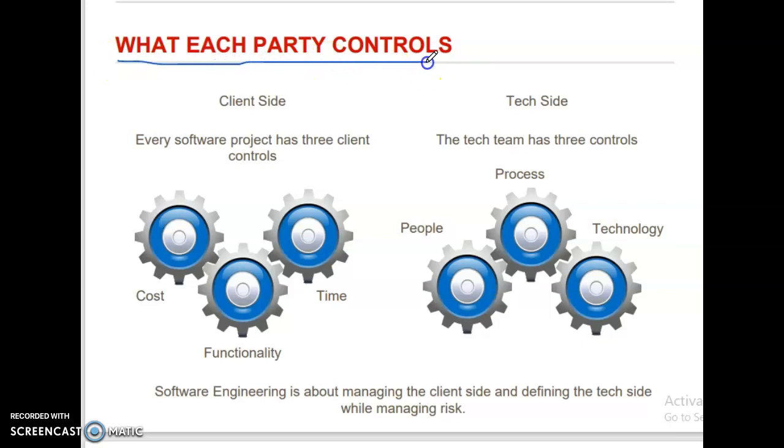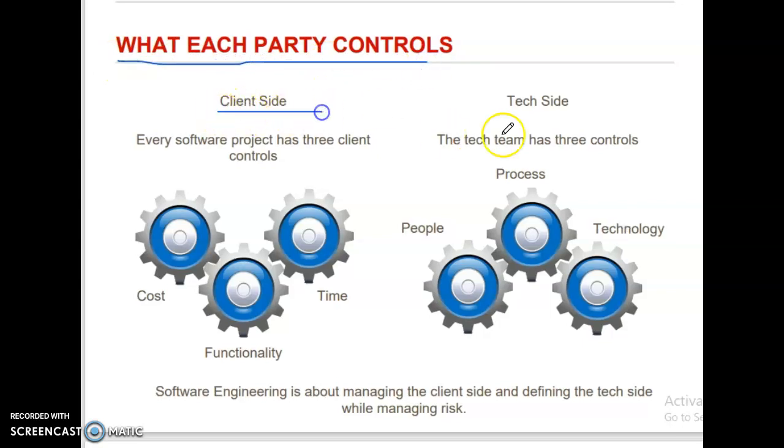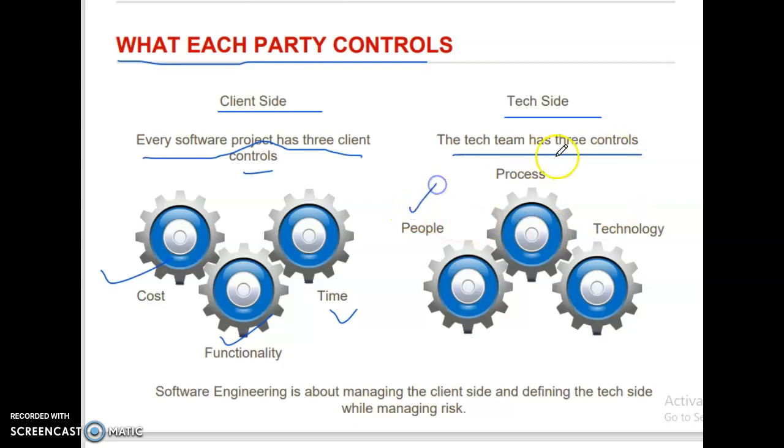What each party controls: a client side, a tech side. Yes, every software project has 3 client controls: cost, functionality, time. The tech team has three controls: people, process, technology.